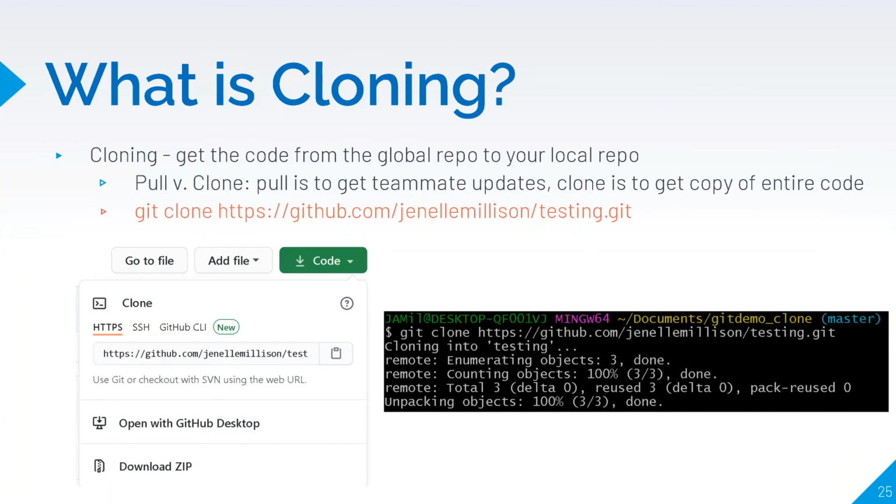You clone. So if you have nothing locally and your team has something globally, you can go ahead and do git clone, and then again, go to this little code button on GitHub and copy this URL. And then that will copy everything from the global repository onto your computer.